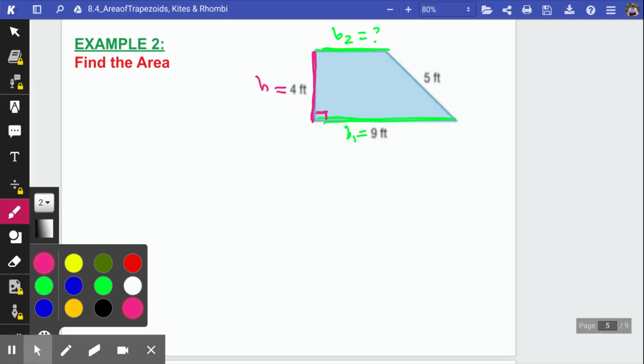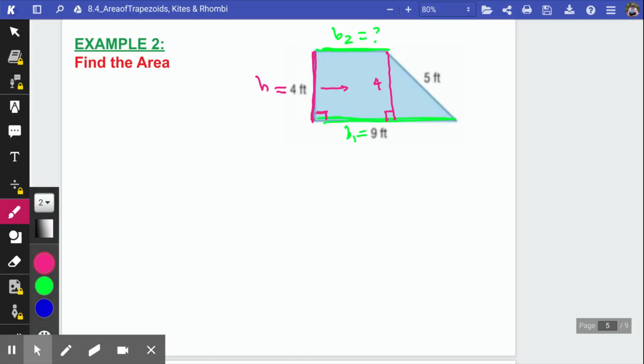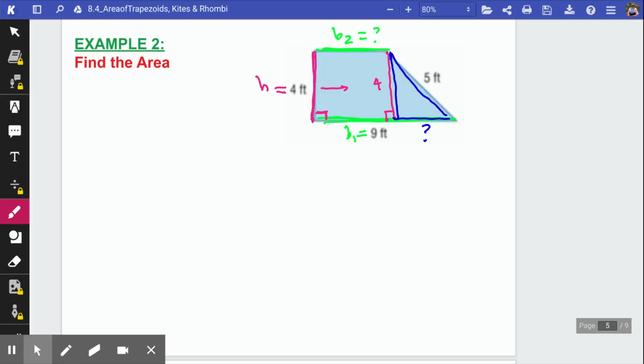So kind of breaking this up into things that you know, or to move things around. But if we move this height over to here and draw it in right there, then we know that that's 4. And then we have a right triangle here. And if we can find this value right here, then we can subtract it from the 9, which is the total.